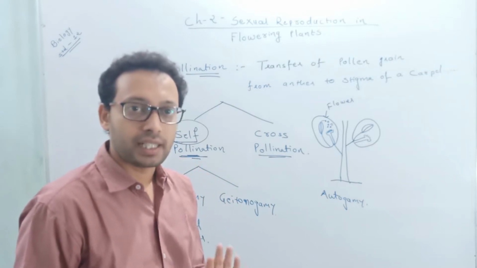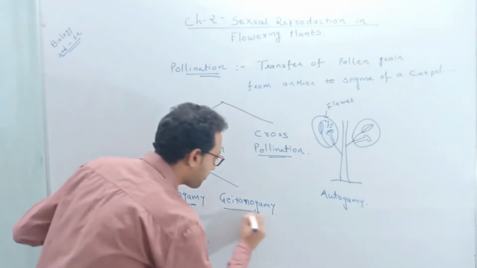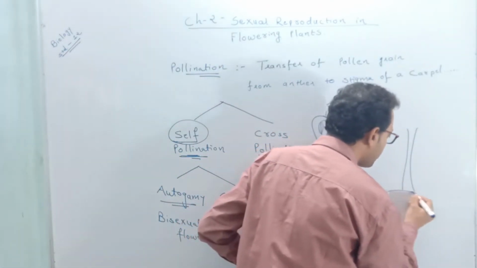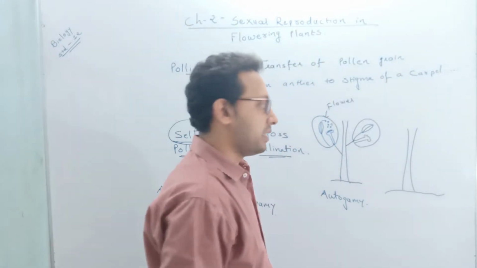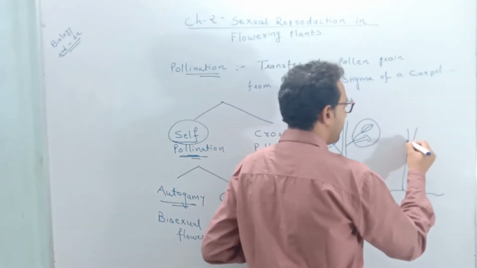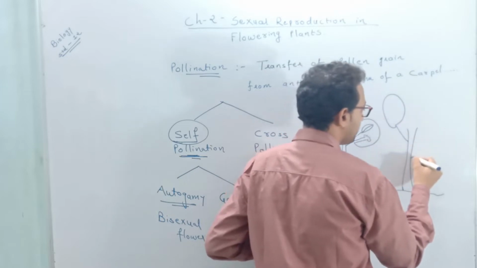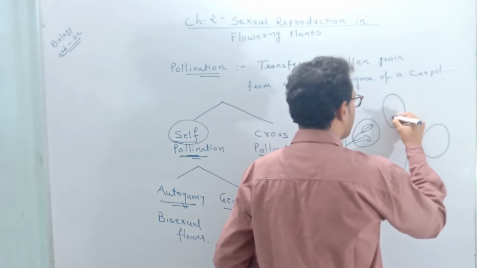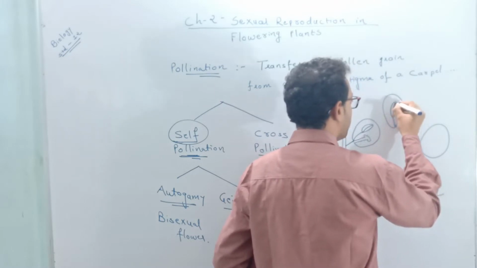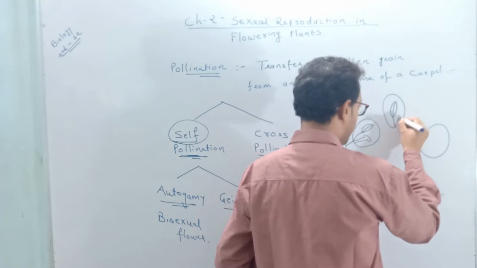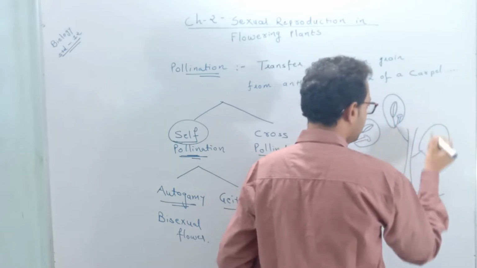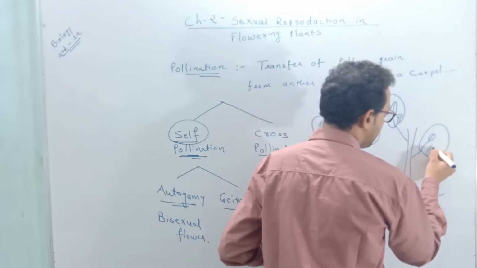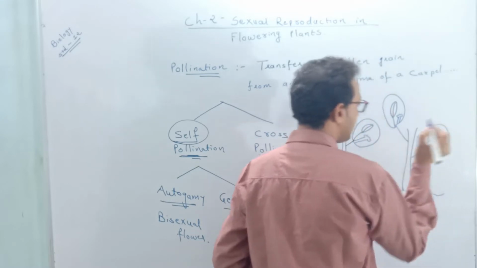Okay, clear, students? Now what is geitonogamy? I draw over here. Suppose this is a plant, and this is a flower. This is the male sexual organ, and this is the female carpel.